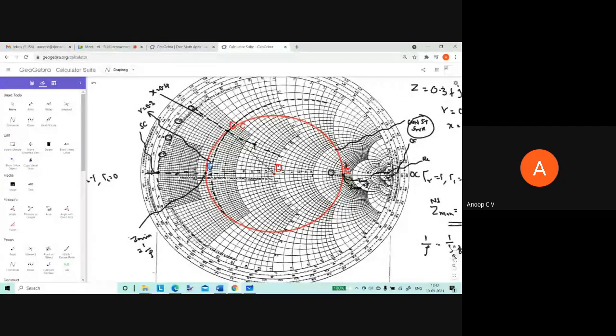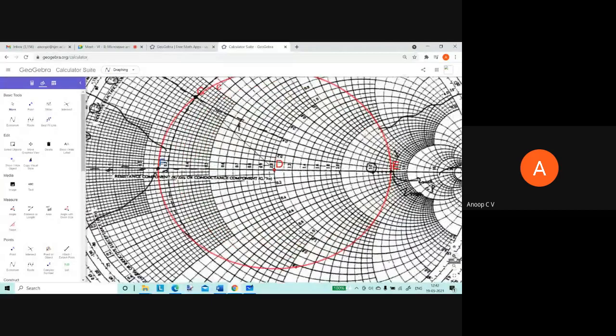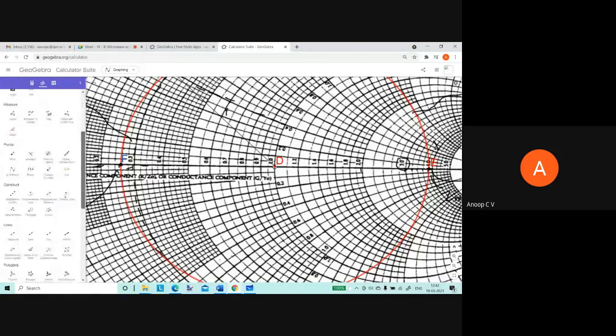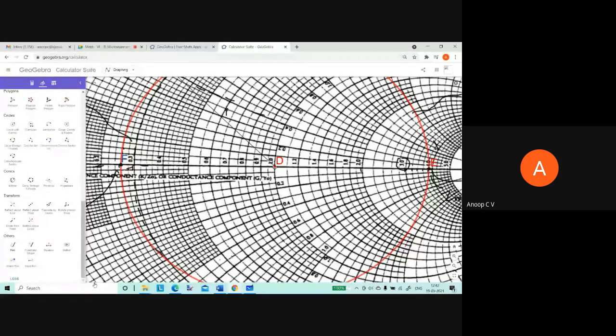Shall we zoom in and see? When you see here, all of you are able to see my mouse pointer and pen. I think this is 0.2 and this is 0.3. So this point lies between 0.2 and 0.3, and in between there are 5 divisions. It is 0.2, 0.22, 0.24, 0.26.